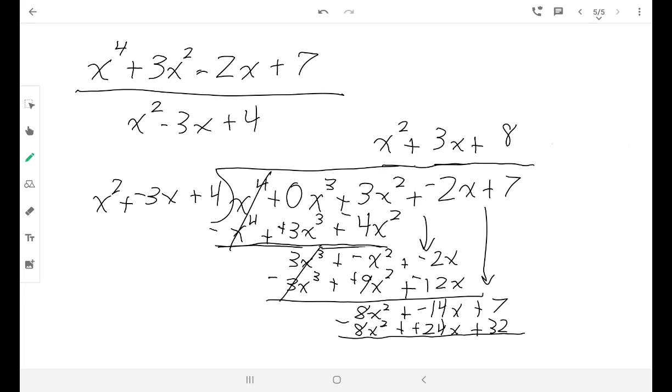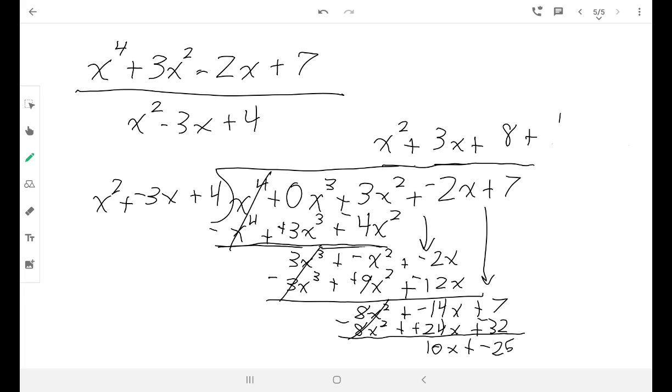Change the signs so that I am subtracting. Those two cancel. They better cancel. That's how I designed it. And then negative 14 plus 24 is 10x. And 7 plus negative 32 is a negative answer with 32 minus 7, which to me sounds like 25.